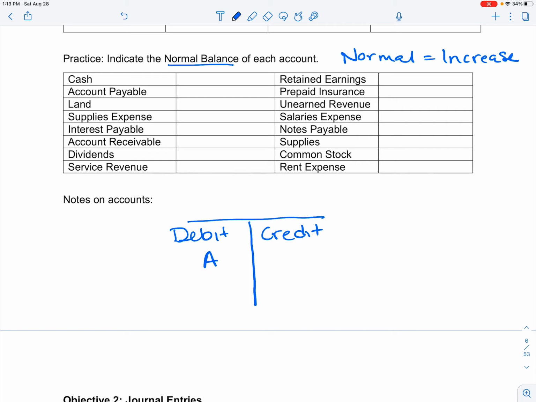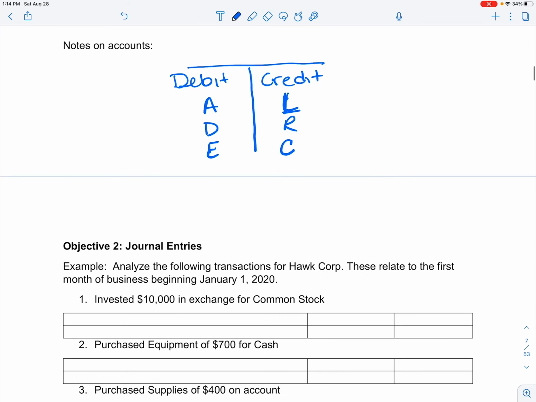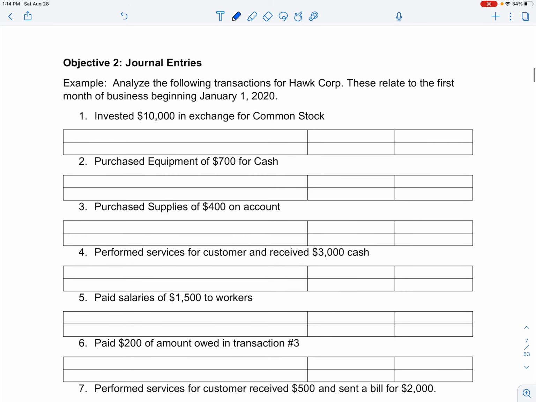Some people use an acronym, like assets, dividends, expenses are debits, and liabilities, revenue, and common stock are all credits. So whatever works for you, jot down some notes so it makes sense, because we'll need all of this to do our journal entries. So let's do some journal entries.